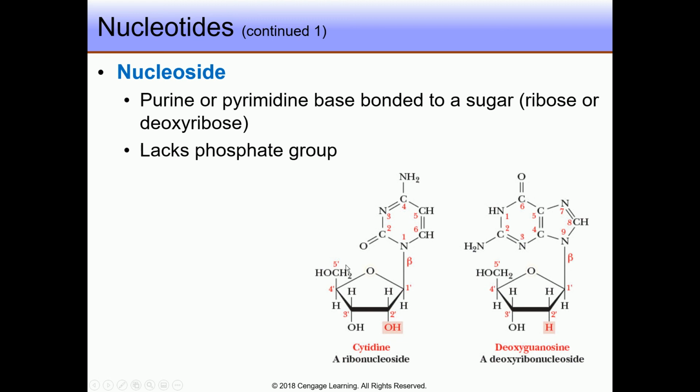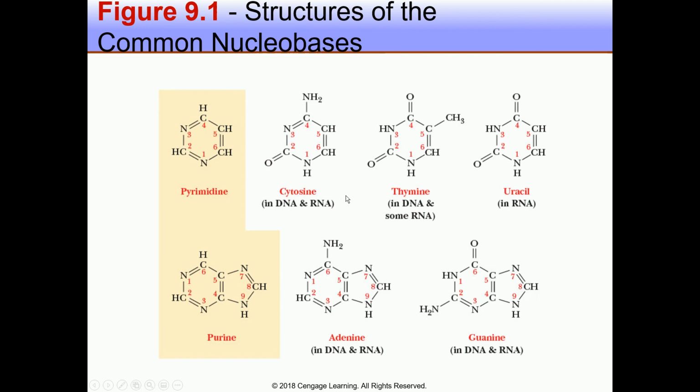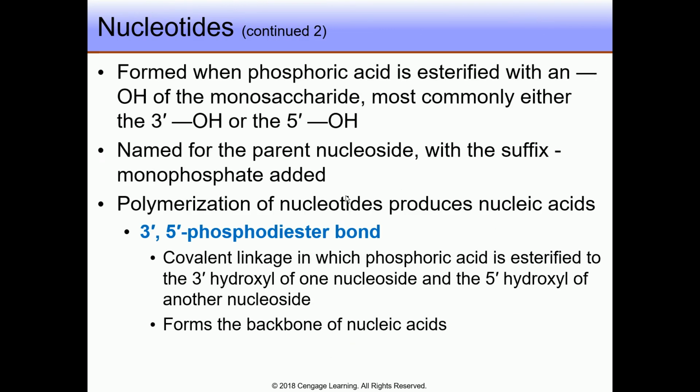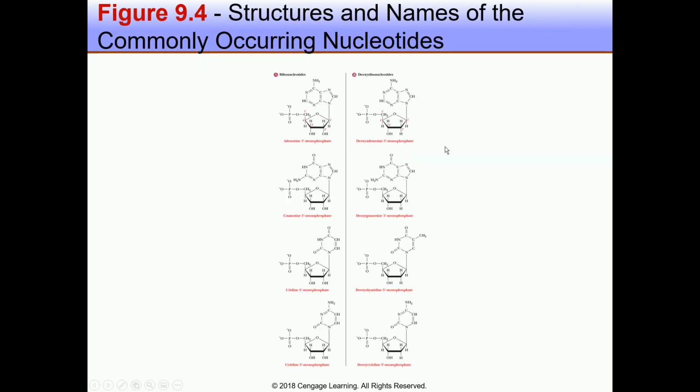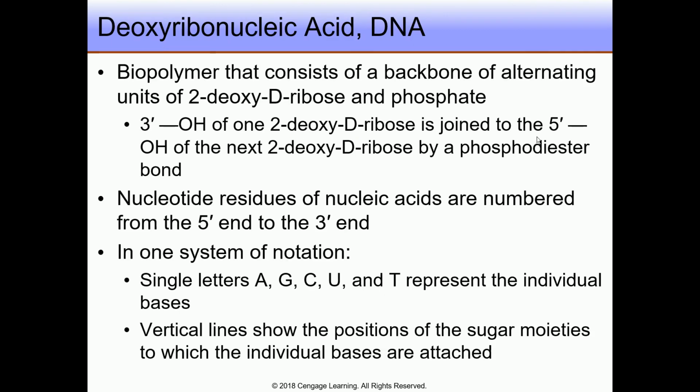So a nucleoside lacks the phosphate group. A nucleoside has pentose sugar and the nitrogenous base, and if the phosphate group is also attached, it becomes a nucleotide. So we discussed nucleotide, nucleoside, nitrogenous bases, and these are different kinds of nucleotides. You can just see them. Now the next question is, as I said, nucleotide is a monomer of nucleic acids.